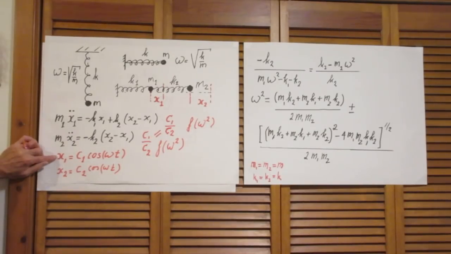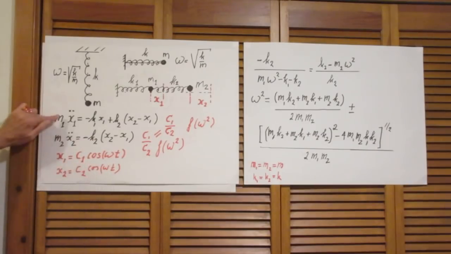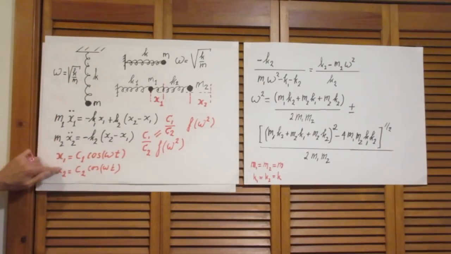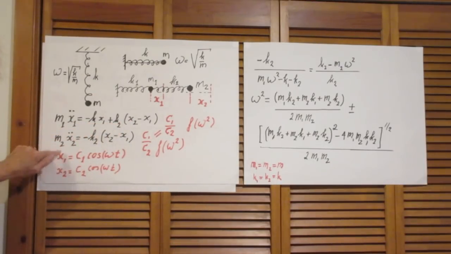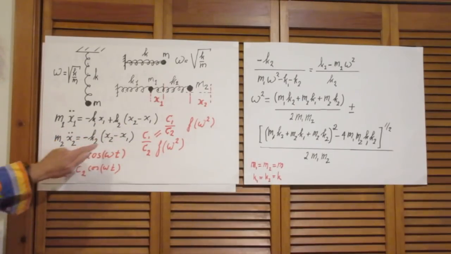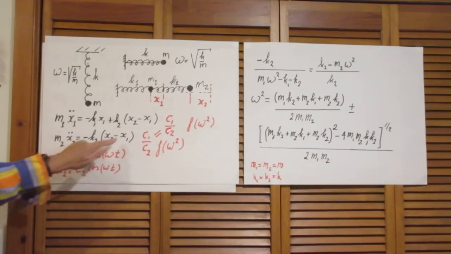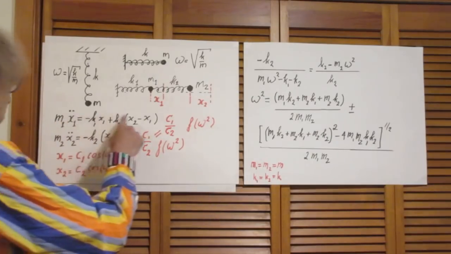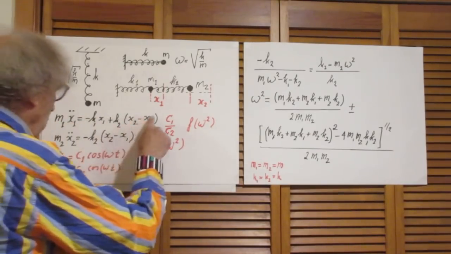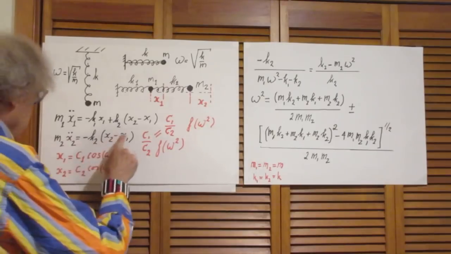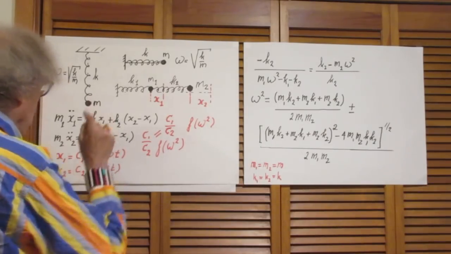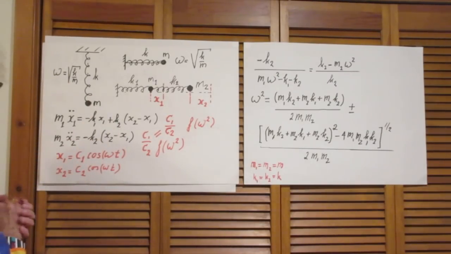I substitute x1 in here, and I substitute x2 in here. So this x1 goes in here, and the x2 goes in here, and x2 goes in here, and x1 goes in here. So now I get one equation here, which of course has an omega square in it, and this equation will also then have an omega square in it.